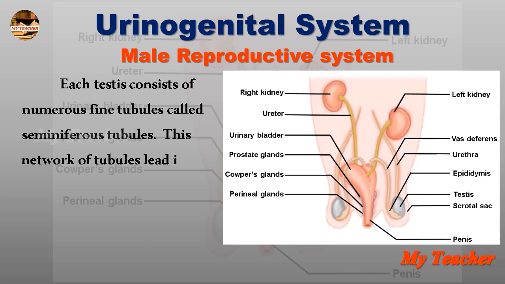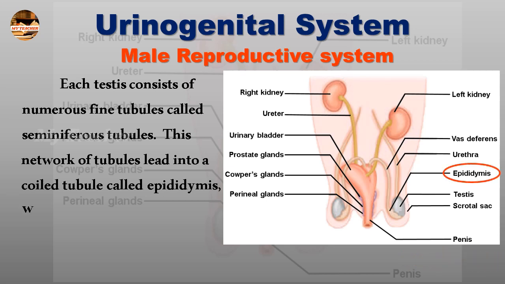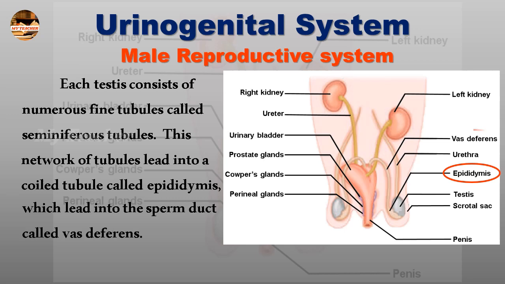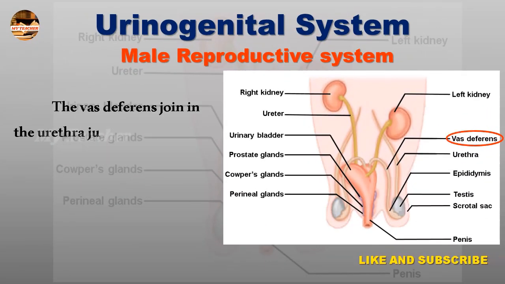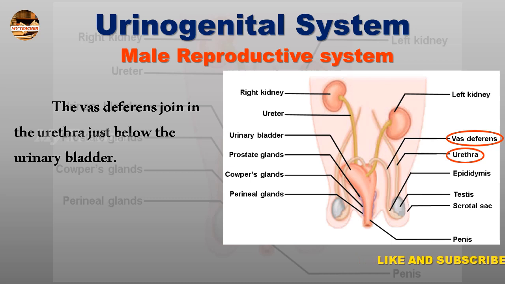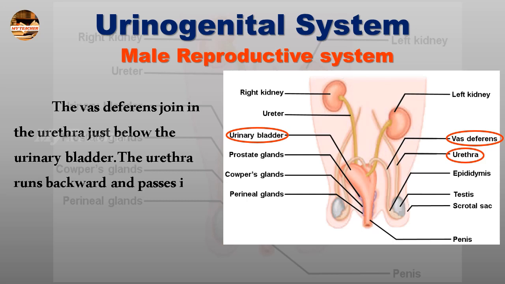This network of tubules leads into the coiled tubule called epididymis, which leads into the sperm duct called vas deferens. The vas deferens joins the urethra just below the urinary bladder. The urethra runs backward and passes into the penis.